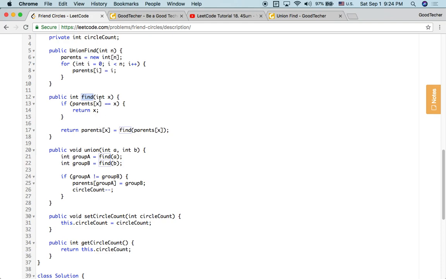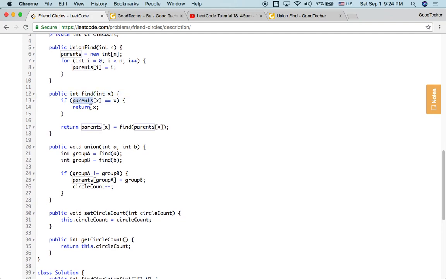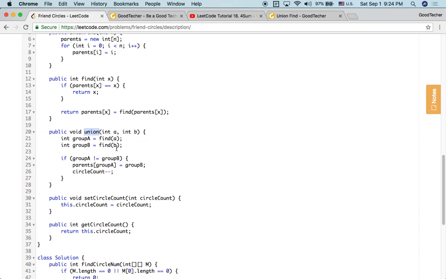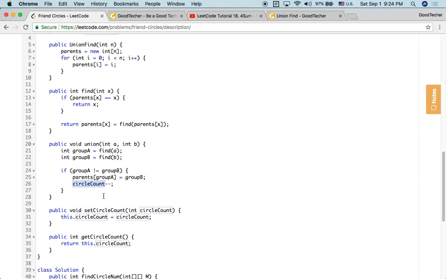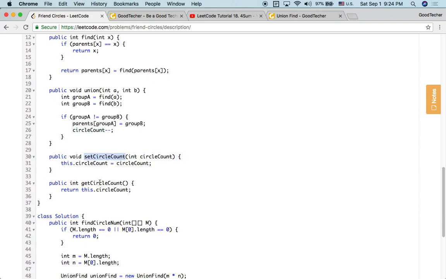Find: it takes an element and checks whether it is just itself. Otherwise, we recursively update the group of this element, and find the real group it belongs to. And union merges two elements into one group, also reducing the total circle count when we do a merge. And we have a setter and getter for the circle count.